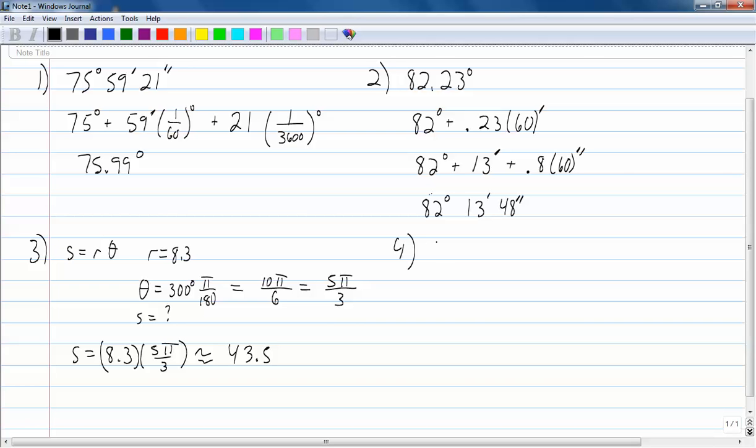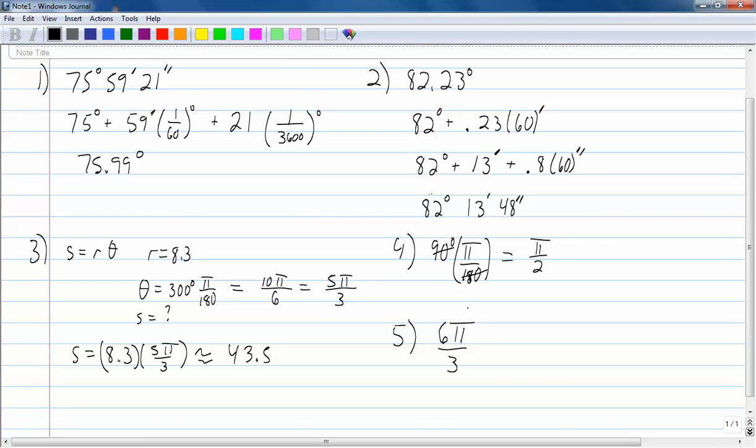Number 4 is convert degrees to radians. We just did that. You multiply by pi over 180 and simplify. So you can divide the numerator and denominator by 90, and you get pi over 2. Number 5 is convert the angle in radians to degrees. 6 pi over 3.